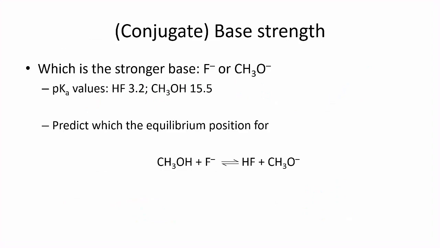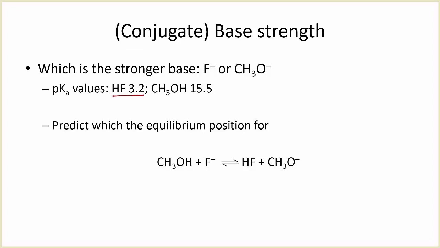So to put that into practice, here's a question about conjugate base strength. Which is the stronger base, F minus or CH3O minus? So what we do is we look at the pKa's. For HF, it is 3.2, and for CH3OH, what we find is that CH3OH is the weaker acid.